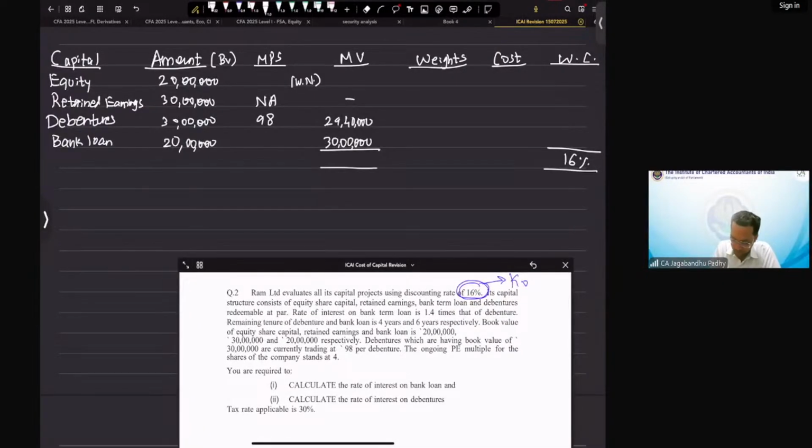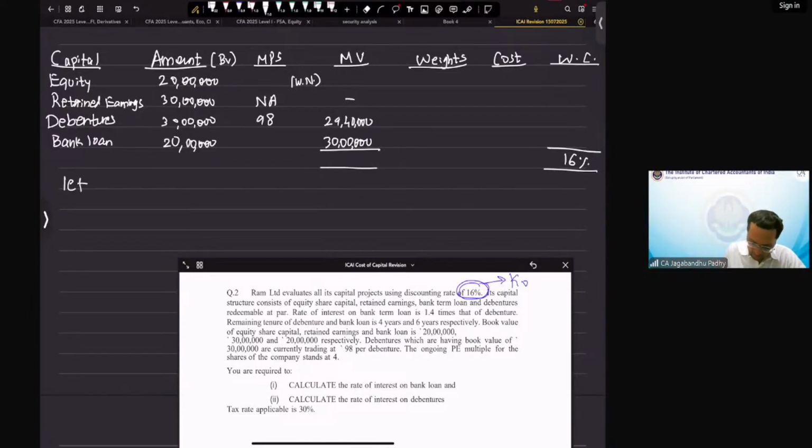Okay, now how do we go about this rate of interest on bank loan and debentures? Because obviously there has to be some sort of reverse calculation. So we will have to definitely take an assumption.